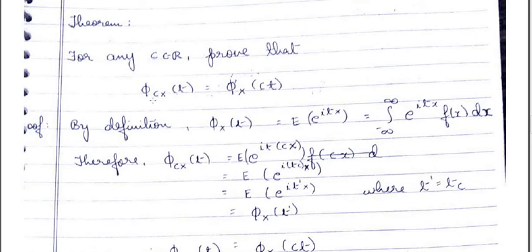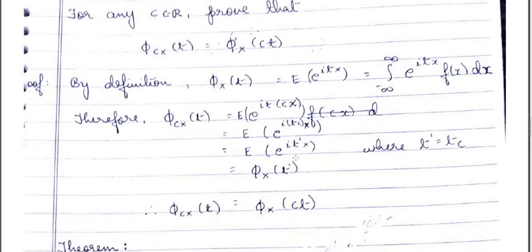So phi of cx at t is equal to the expected value of e raised to it cx. So i t c x, so t dash is equal to tc, so i t dash x, so we get phi x at t dash, but t dash is equal to tc. So what we found from this is nothing but phi x at t dash.